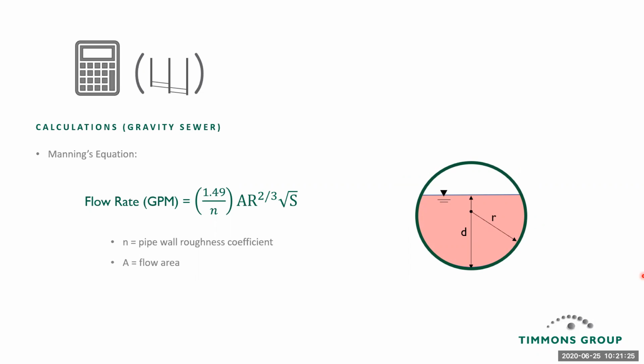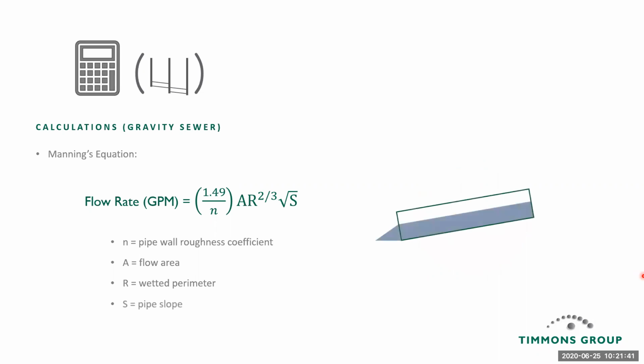And then there's also R, the hydraulic radius, which is based on the wetted perimeter, simply the portion of the pipe wall cross-section that is in contact with water. Again, knowing the radius and the depth of flow, we can calculate the wetted perimeter. And then finally, we have the pipe slope, which is the ratio, the relationship of rise to run of the pipe. And obviously, because it's gravity powered, water will go from high to low.